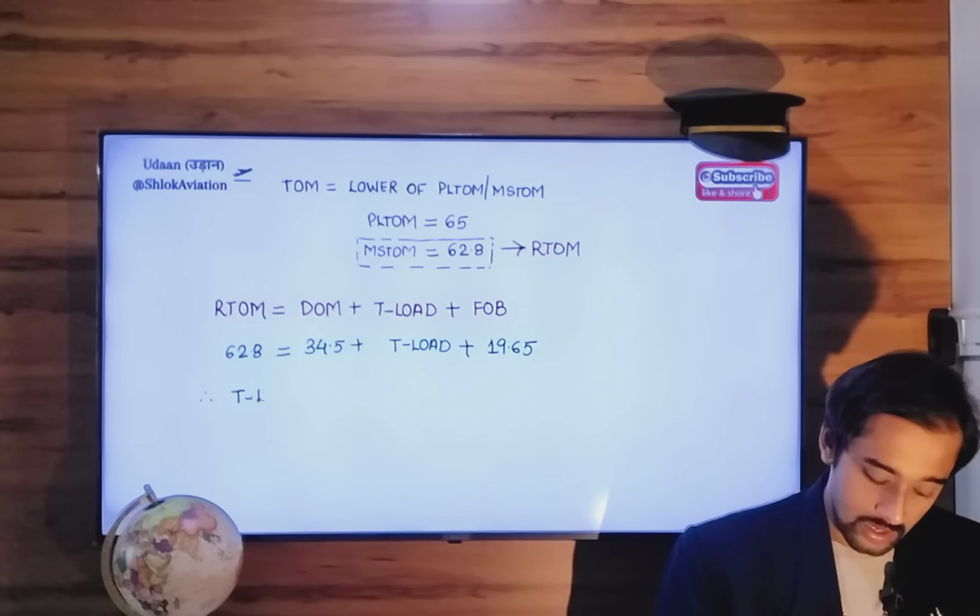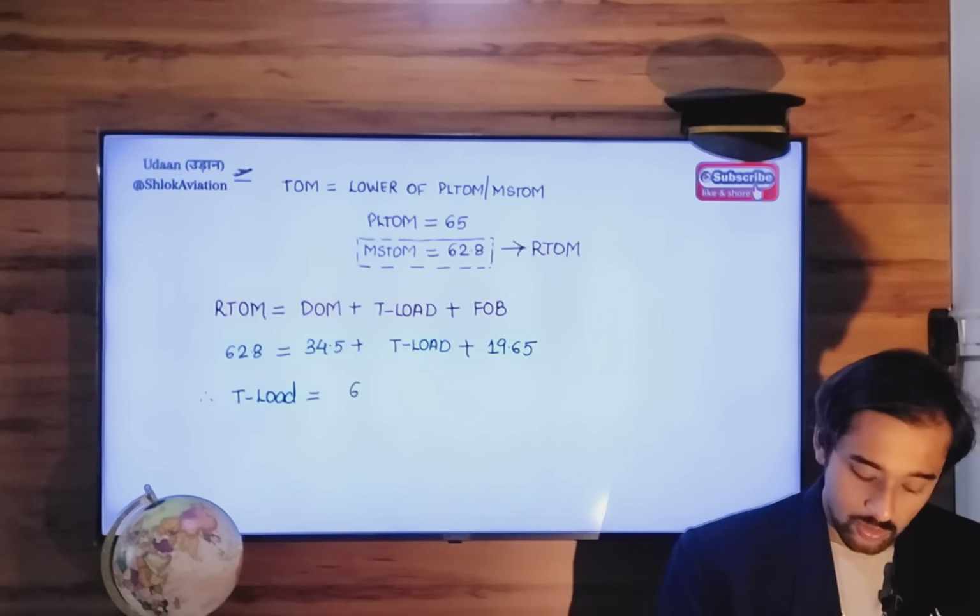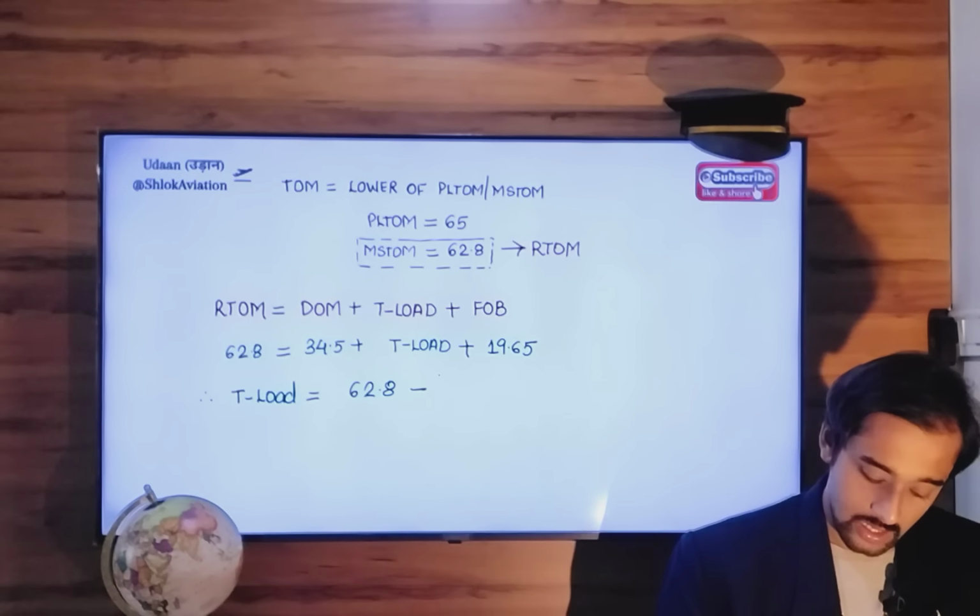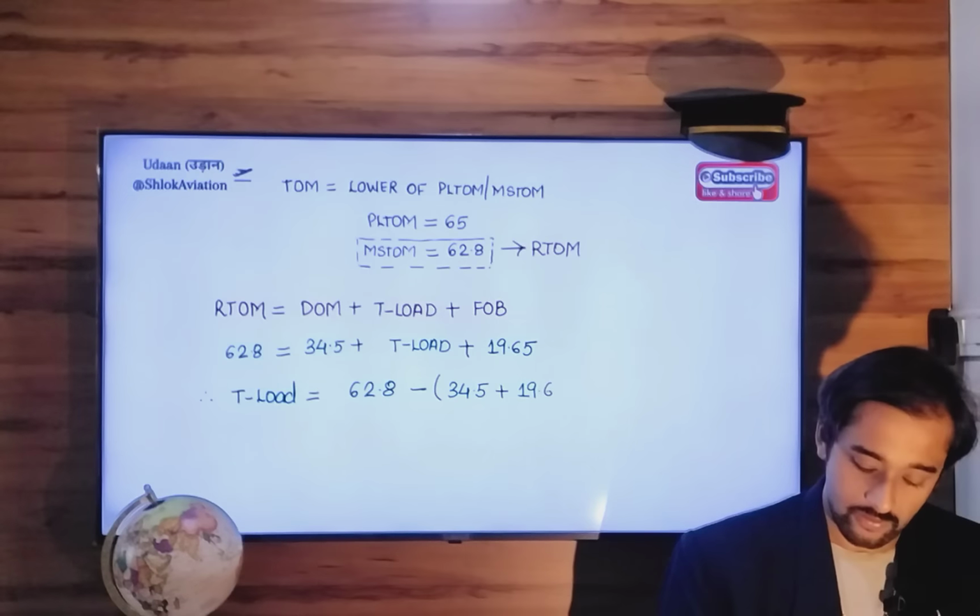Therefore, traffic load will be equal to 62.8 minus 34.5 plus 19.65.